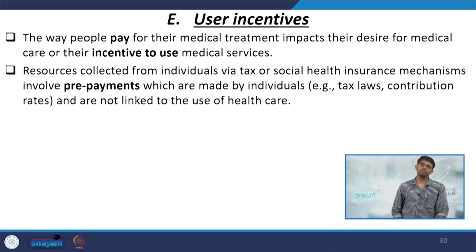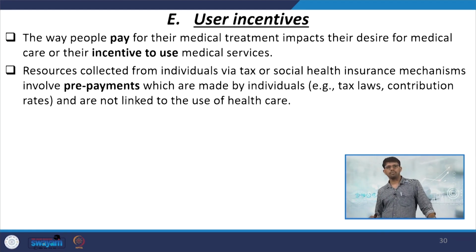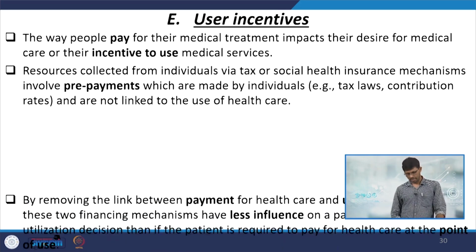Resources collected from individuals via tax or social health insurance mechanisms involve prepayments made by individuals, such as tax laws, contribution rates, etc., and they are not linked to the use of healthcare. See, prepayment is already there, but the realization is made after a certain time. So, it is not really guaranteeing a strong incentive for better quality care.